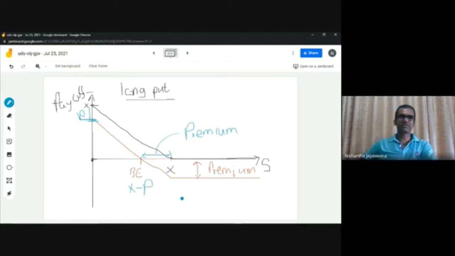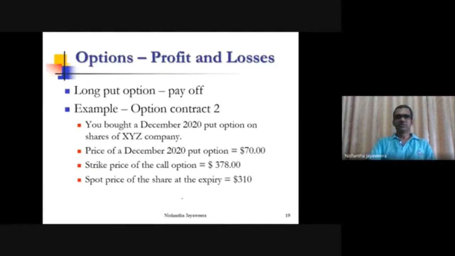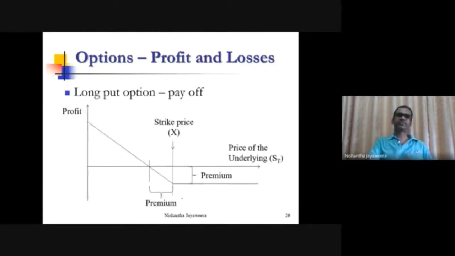Okay, is it clear? So this is the profit diagram for a long put option. Whenever the market price remains below the strike price, the buyer of the put option will exercise his right. So just below the strike, there will be a loss, but the loss will decrease when the price goes further down.